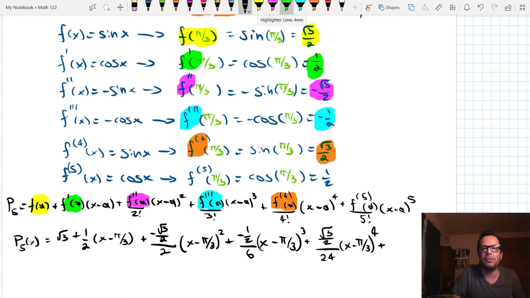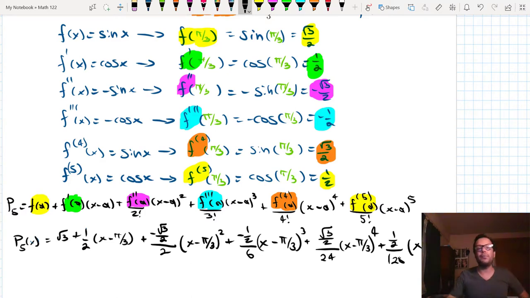Okay, let me use yellow again. This one right here, that's 1/2, divided by the quantity 5 factorial, which is 5 times 4, which is 20, 20 times 3 is 60, times 2, which is 120, times x minus pi over 3 to the 5th power.